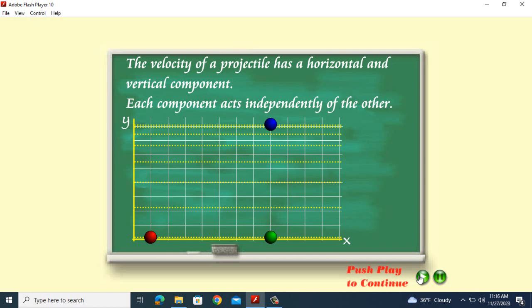We've already talked about vectors, so they know about horizontal vectors and vertical vectors, and they're getting this idea of breaking a single vector into its components, its x and y, or horizontal and vertical components. Now with projectile motion, this object is accelerating and this object has a constant velocity. They're going to see this in different ways just to scaffold what that means.